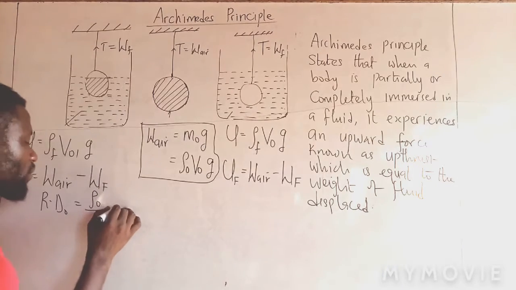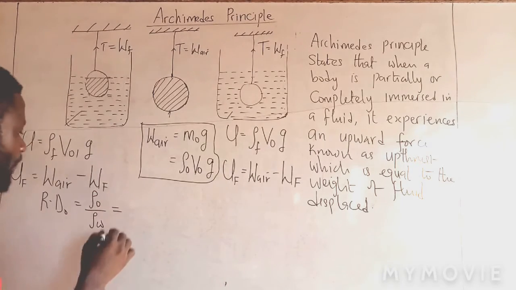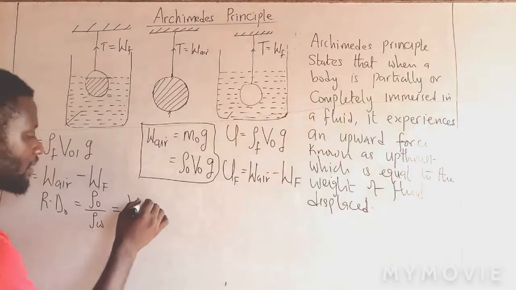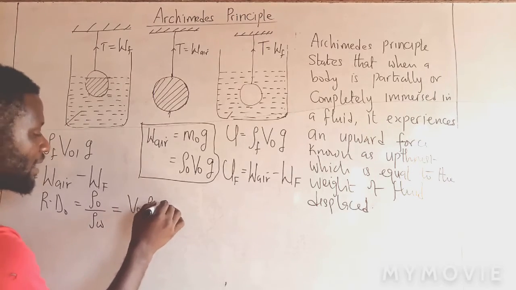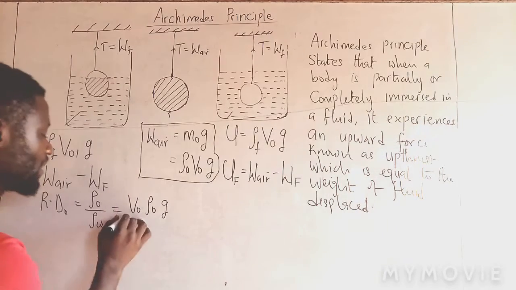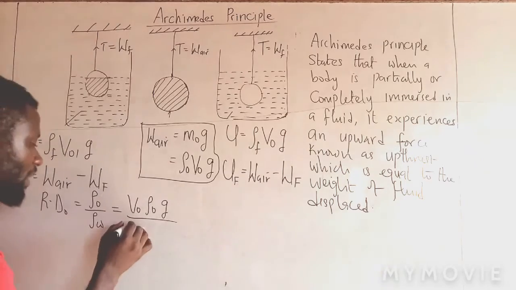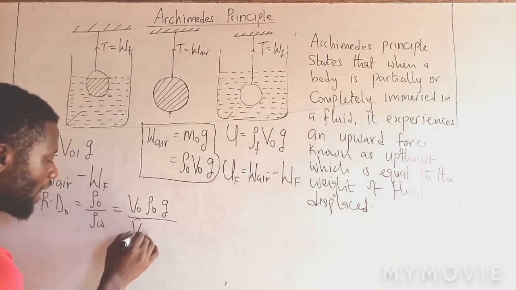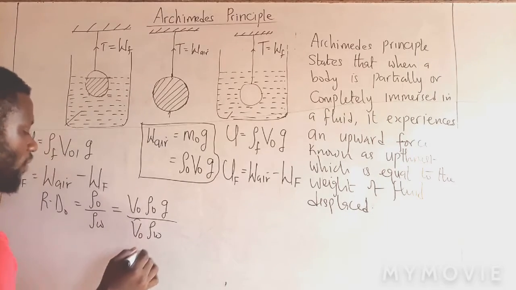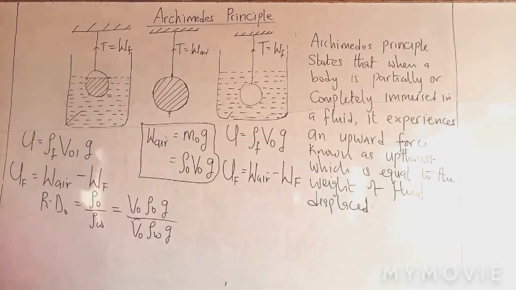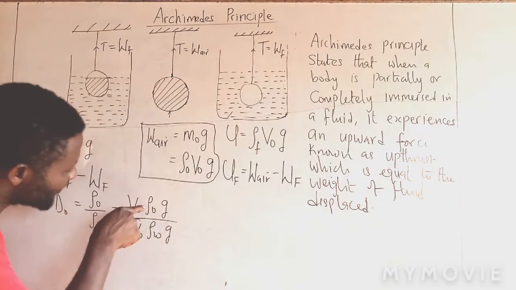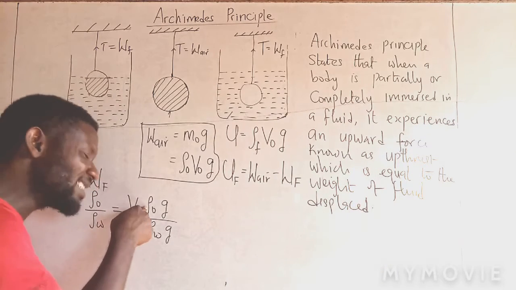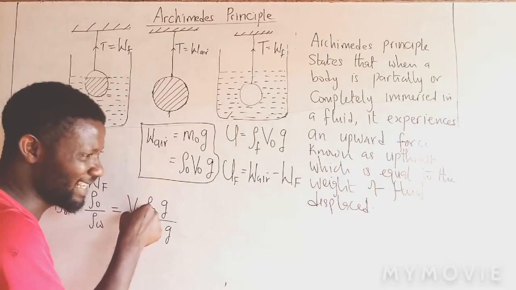Now, if I put volume of object, density of object, acceleration due to gravity, and do the same thing at the denominator, density of water, volume of object, density of water multiplied by acceleration due to gravity. Since I have density of object here, this is the weight of object in air.